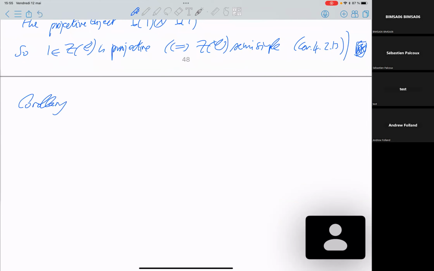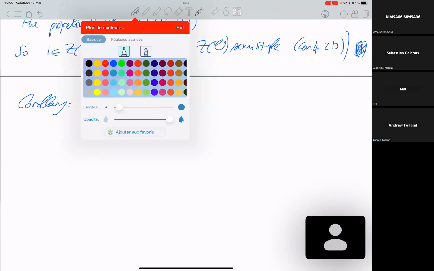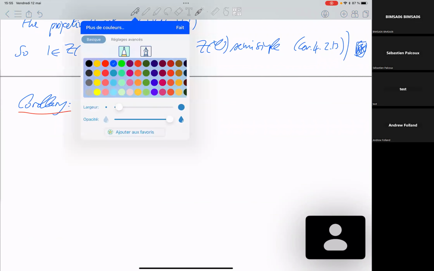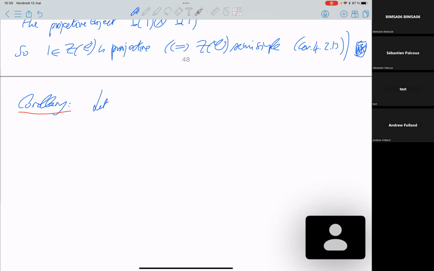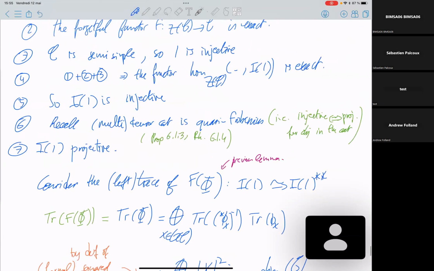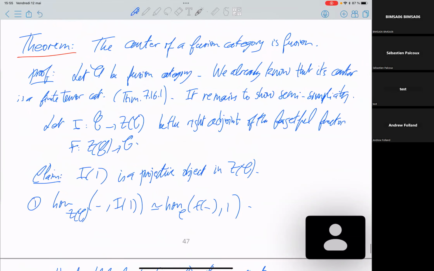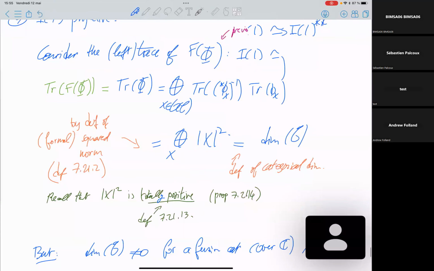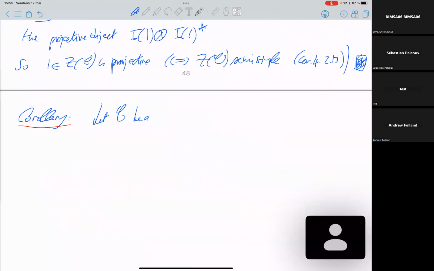Corollary. Let C be a fusion category, and let M be a semi-simple, so exact, C module category.